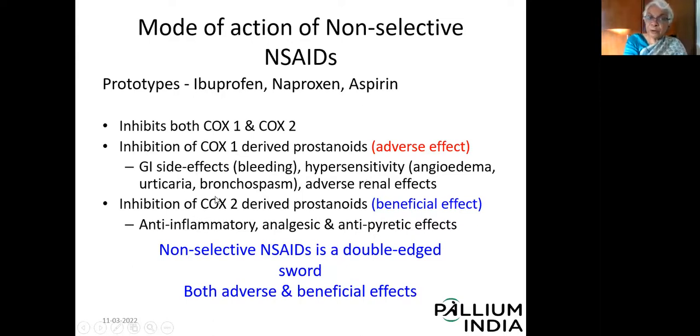But because it is blocking the COX-2, it is actually anti-inflammatory, analgesic, and antipyretic. That means the beneficial effects are occurring. So in other words, non-selective NSAIDs is a double-edged sword with both adverse effects because of blocking COX-1 and the beneficial effects because of blocking COX-2.